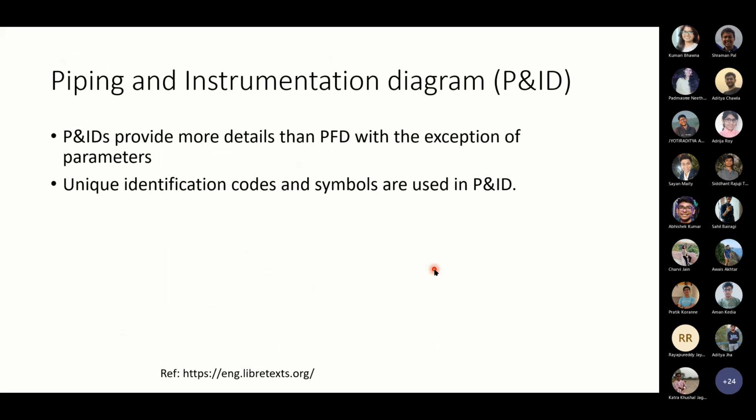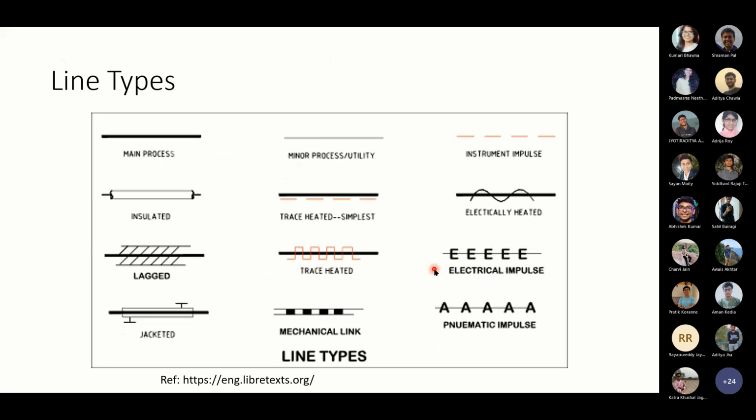But in the P&ID diagram, everything is unique. Unique identification codes and unique symbols will be used so that there is no repetition from one point to another. So let me go into more details. What are those unique symbols and how to represent them? Kindly bear with me.